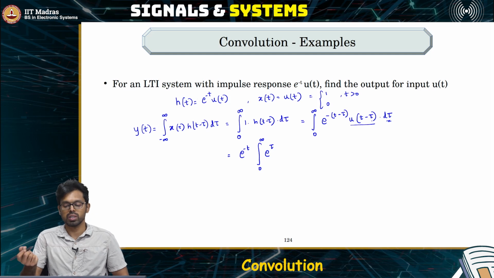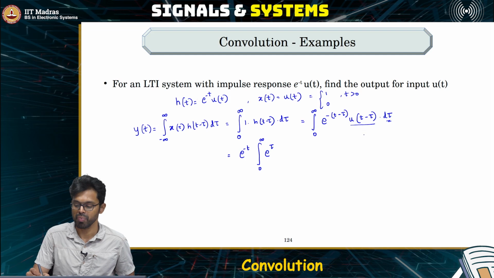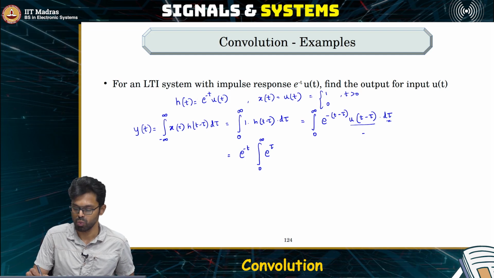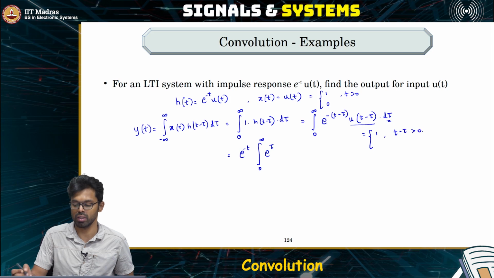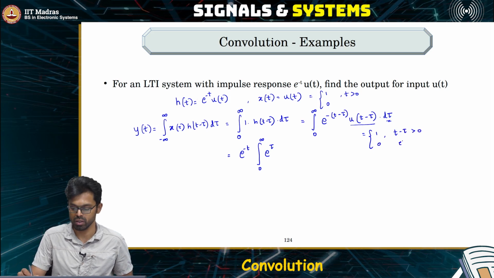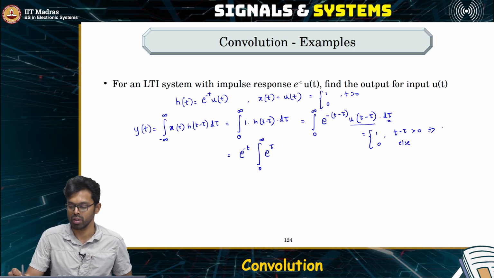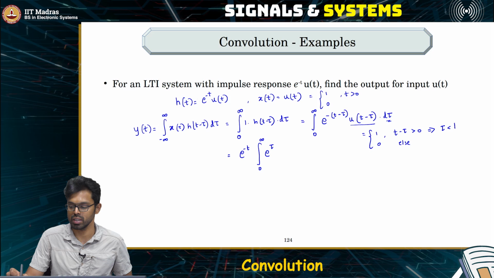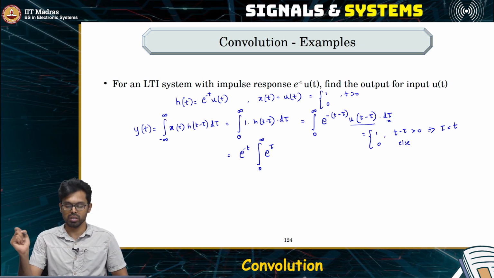And what about the unit step function here? The unit step function here says that it is 1 when t minus tau is greater than 0 and 0 otherwise. So what does this mean? So this means whenever tau is less than t, this unit step function is 1, otherwise it is 0.